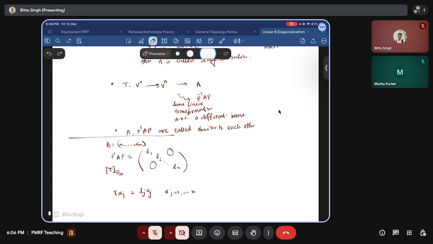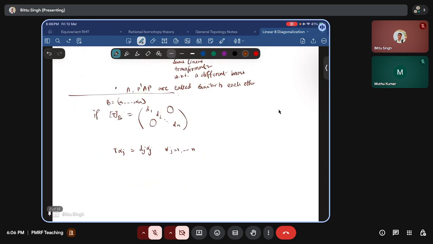Then we can easily compute arbitrary compositions. That is, if we want to compute T to the power m alpha j, it is just applying T to the power m minus 1 to T alpha j, but T alpha j is the same as dj alpha j.